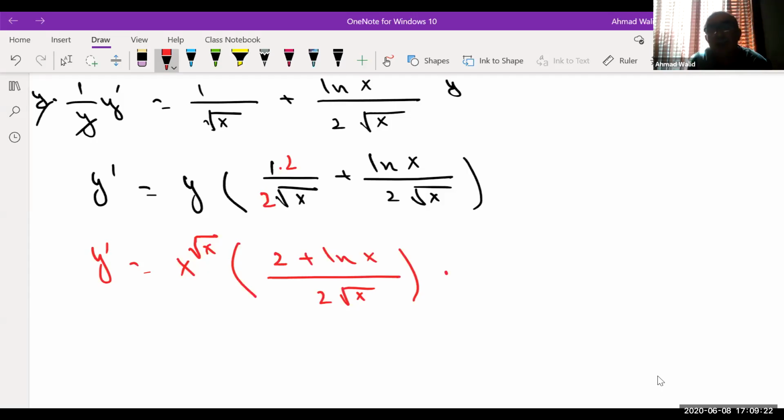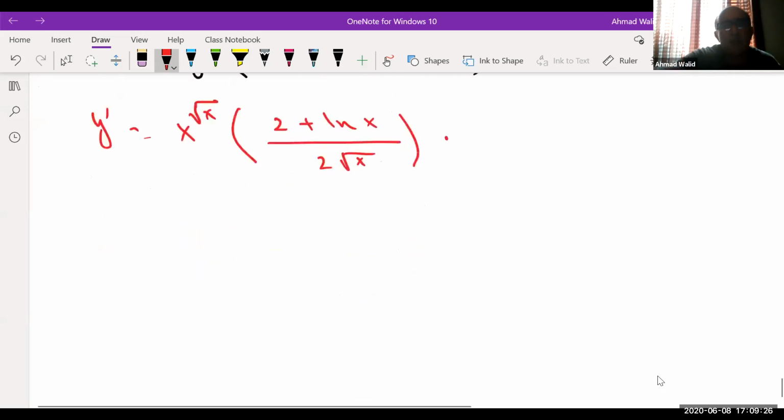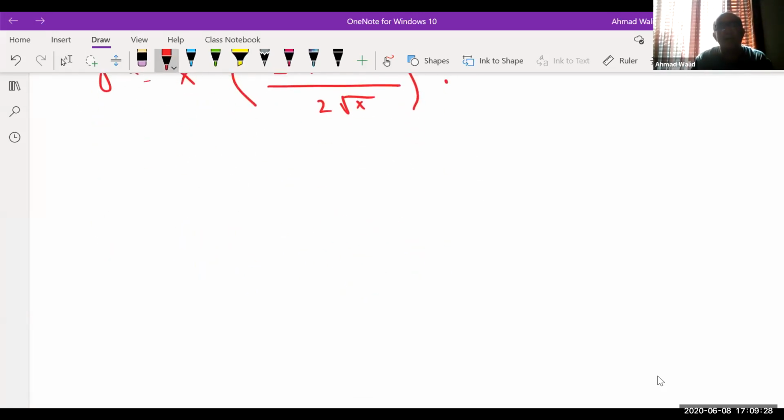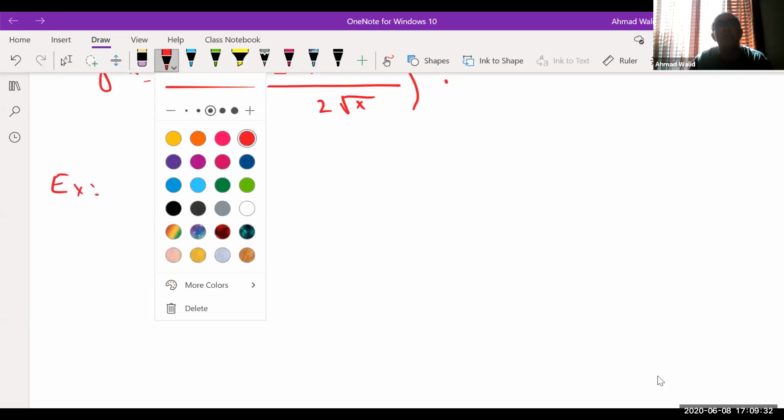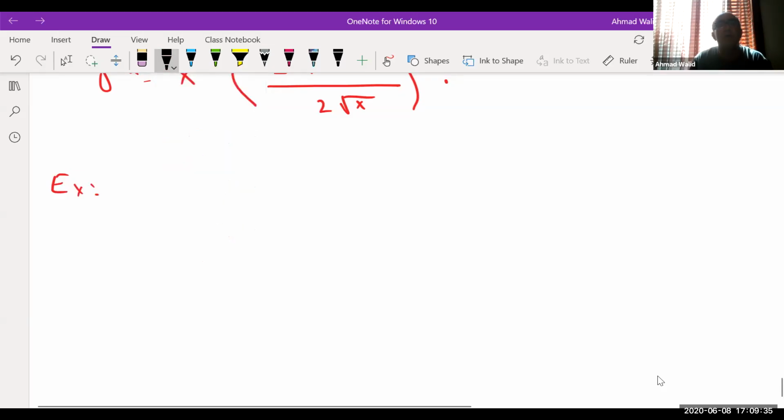But right now, in this topic, even you can prove that formula, right? Let's do another example. This example is actually the proof of a formula. Proof of the power rule.